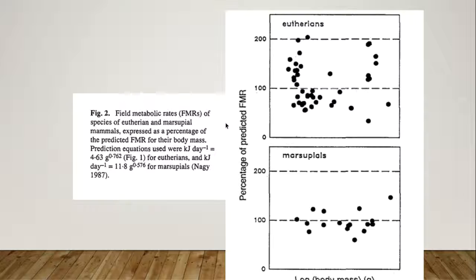Field metabolic rates for eutherian mammals can range anywhere from 34% to 204% of the predicted value, which is a range of 6-fold. The variation is slightly smaller for marsupials, but there is still a 2.5-fold variation that is unaccounted for by body mass alone.